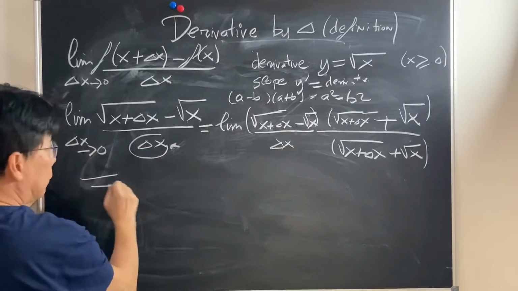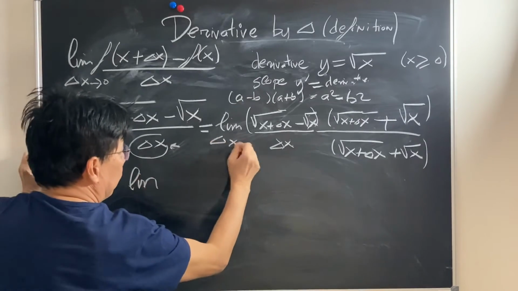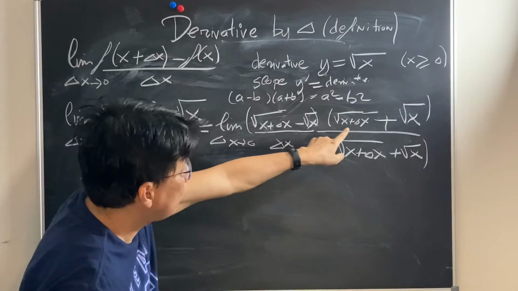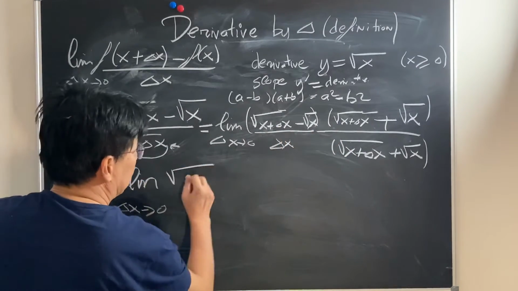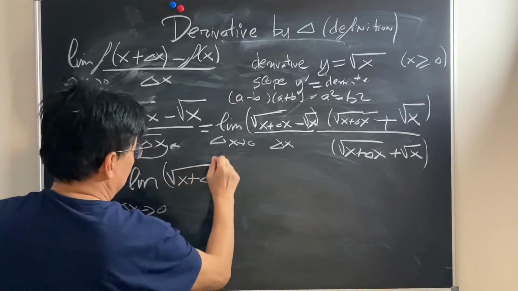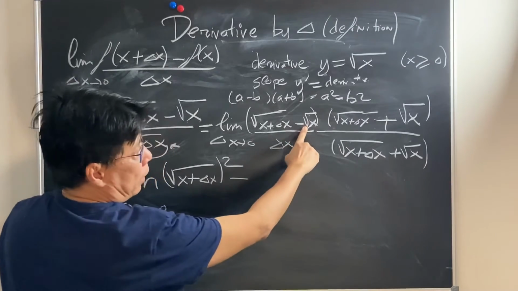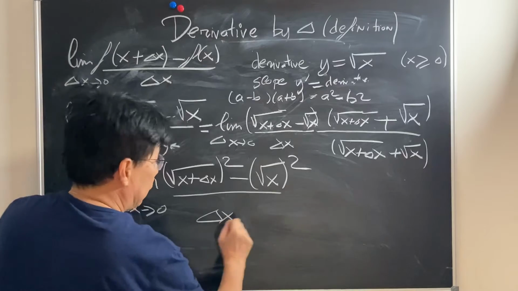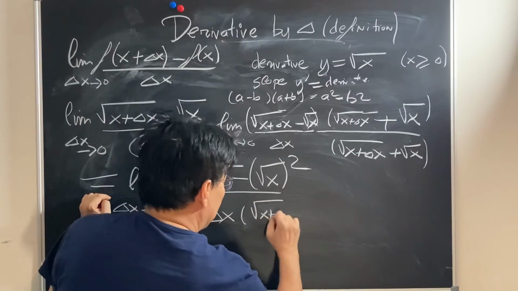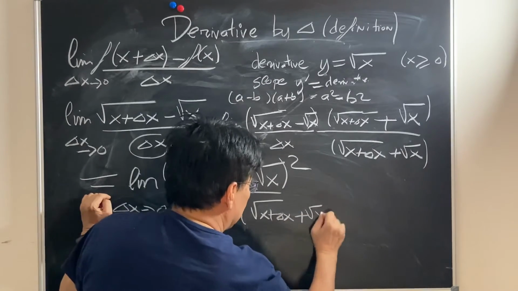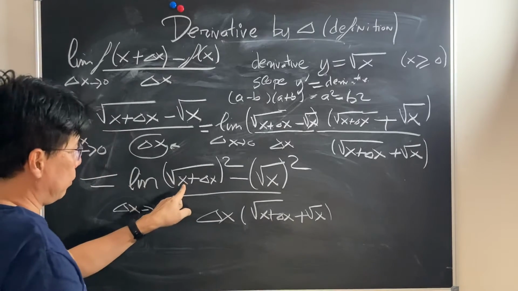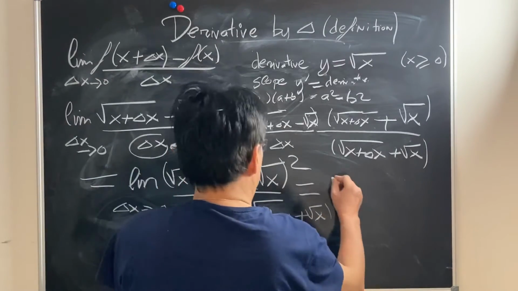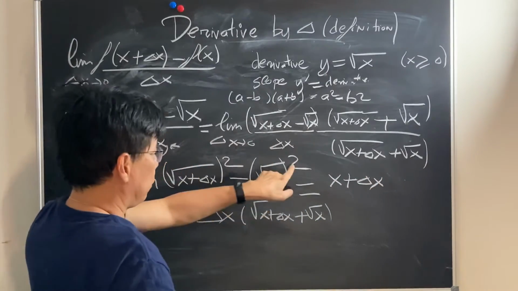We have the limit of a minus b times a plus b, meaning a squared, this term squared, minus b squared, where b is square root x, giving x squared, and we still have delta x, and this new term is square root of x plus delta x plus square root of x. The square root of x plus delta x squared becomes x plus delta x, the square root sign gone, and the square root of x squared is x.